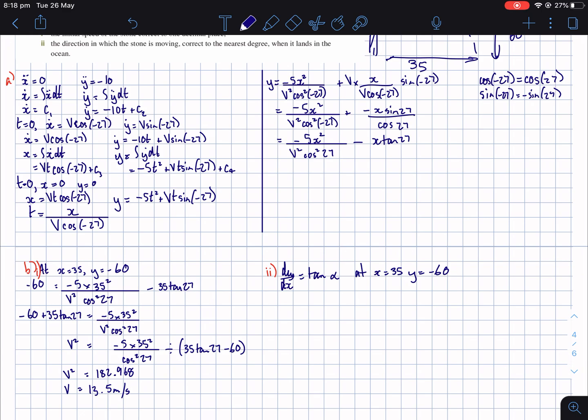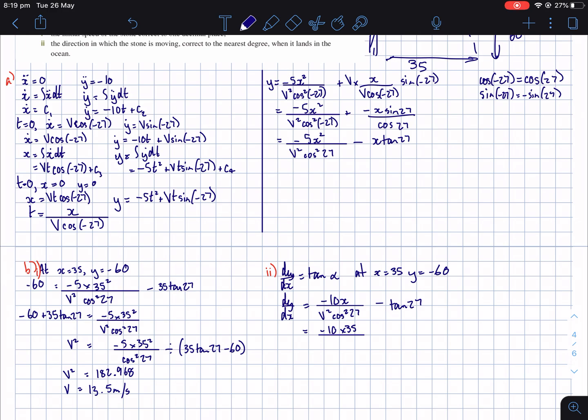dy dx. Ugh, okay. So dy dx, I'm going to end up with negative 10x over v squared cos squared 27 minus tan 27, because the x will disappear. Now I'm going to sub in those points, negative 10 times 35 over v squared.